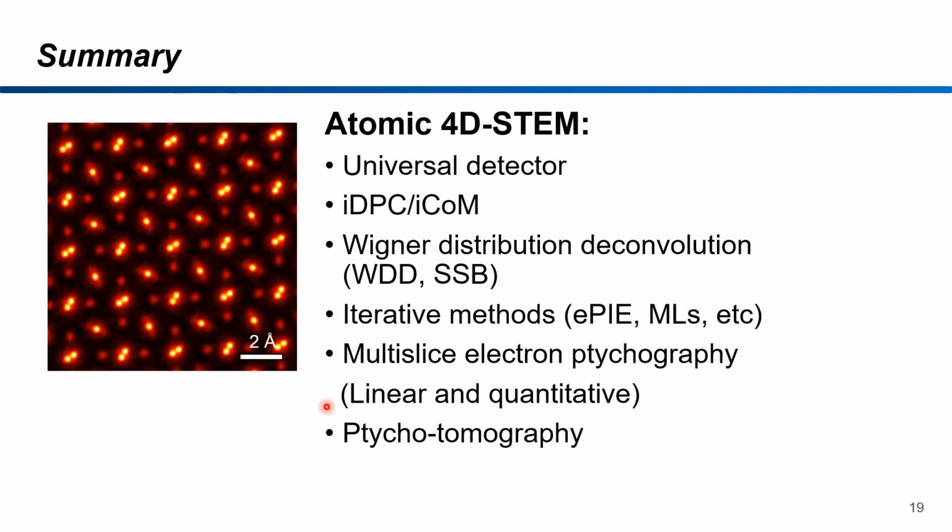The phase of this reconstruction is also linearly dependent on the sample thickness, and it can be quantified. So you can even use this to do tilt series, like ptychotomography. There are actually some proof of principle ptychotomography works.